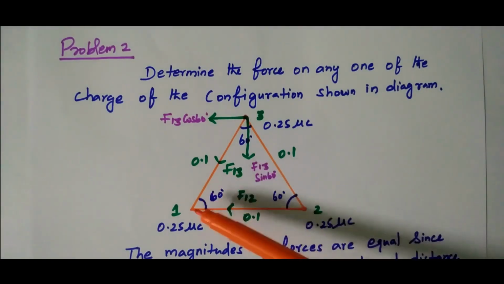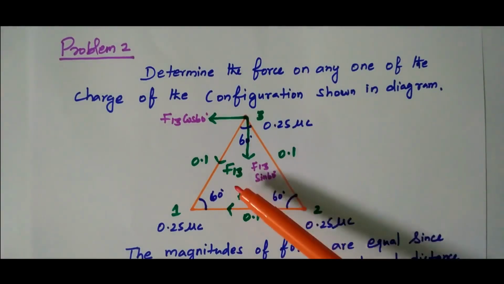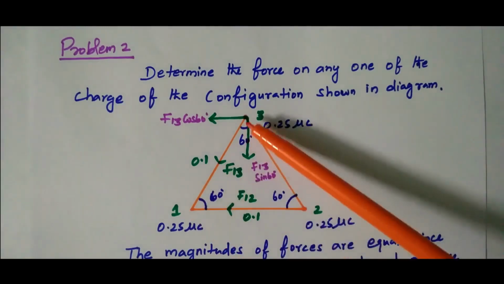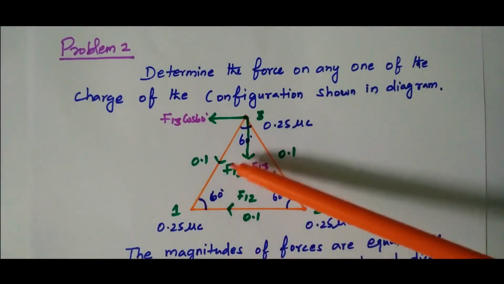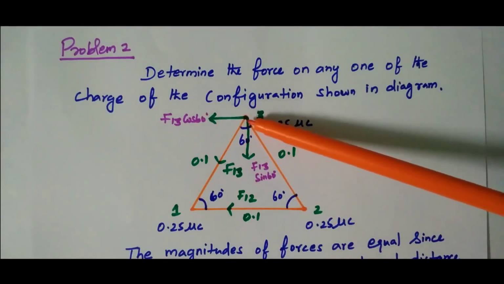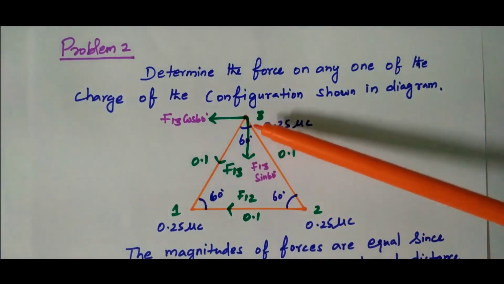Next we will see the force between 1 and 3, that is F13. F13 is the force on the first charge due to the third charge. But the first charge and third charge are placed at an angle of 60 degree, so F13 will be resolved into two components, horizontal and vertical. How will you find the horizontal component?